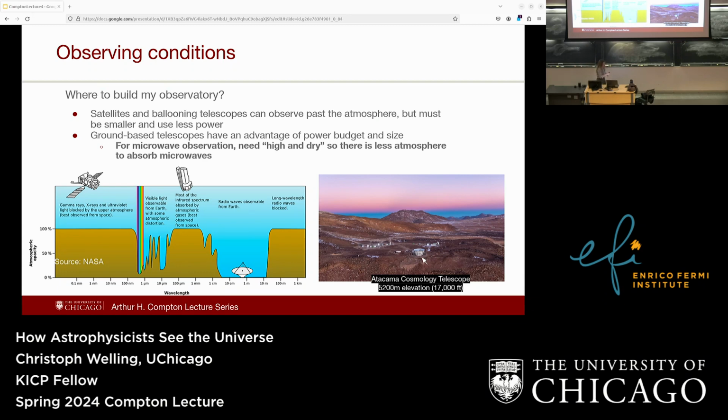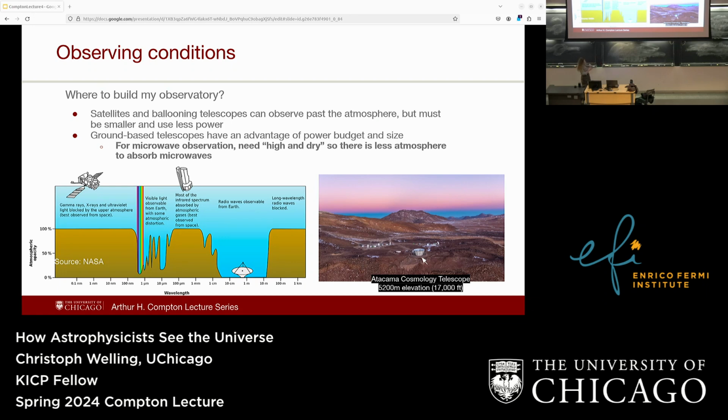And so that's what takes us to the Atacama Desert, at the top of a mountain at 5,200 meters. To give you a sense of what the atmosphere does as wavelength changes, we can see that there's this 100% transmission and then there are these dips.